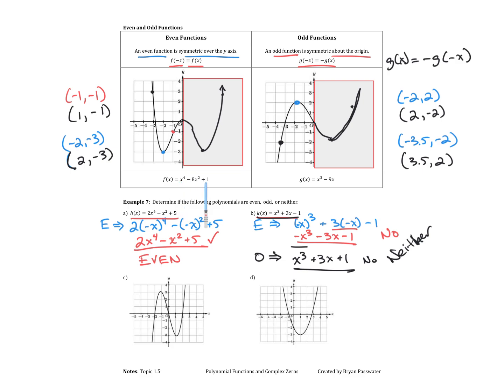So if you have all even powers, it's going to be even. If you have all odd powers, if you look here, this is a cube, that's odd. This is just an x to the power of 1, that's odd. So this function right here is odd. However, if you look at the one that we just did, you have an odd power, and then a constant. Is the constant an odd power? No. And so that's what broke that one. That's what made that not odd.